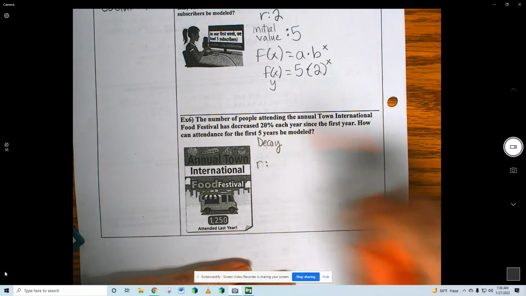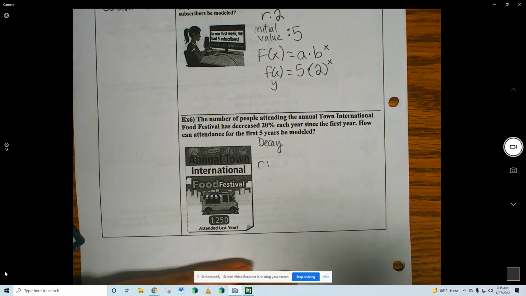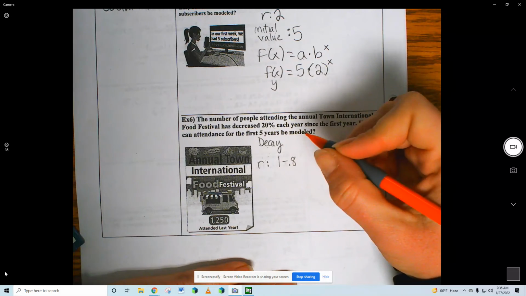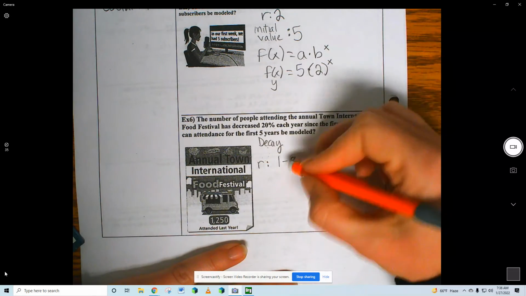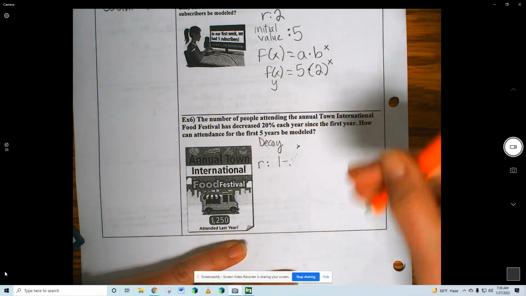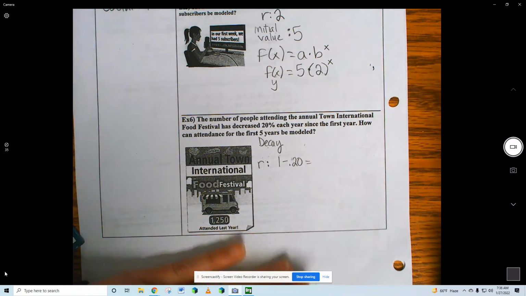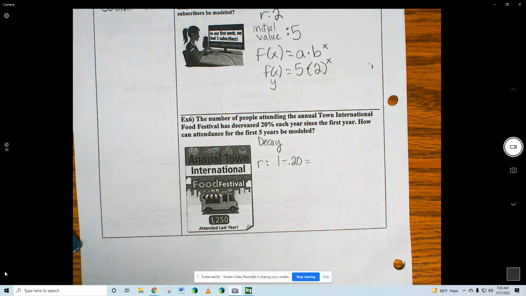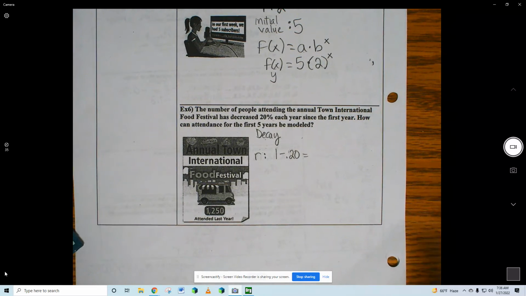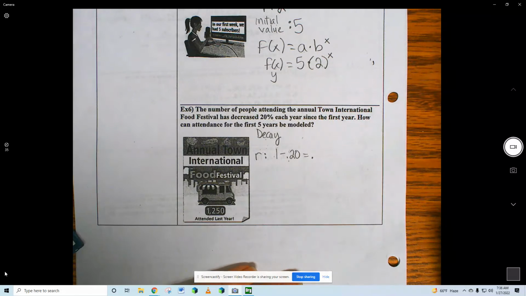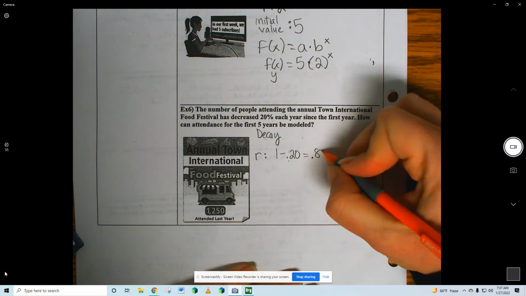You guys, if it's decreasing by 20%, I have to do that formula that I did, 1 minus 0.80, or 1 minus 0.20. Remember, if it's decreasing by 20%, I did decay where it was 1 minus. So $1 minus 20 cents is how much? 80 cents.